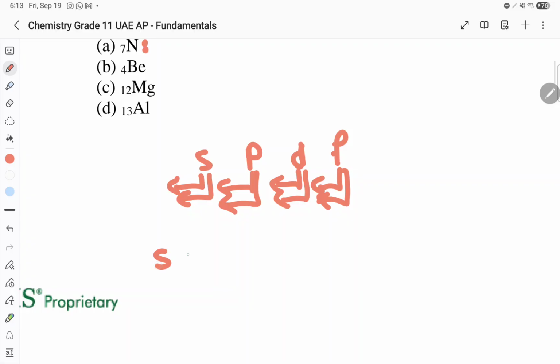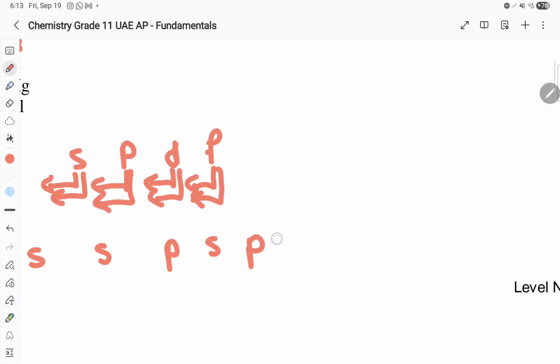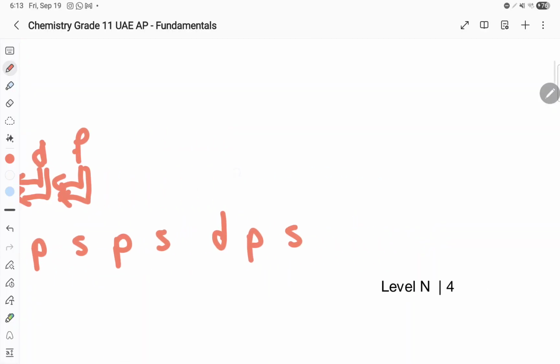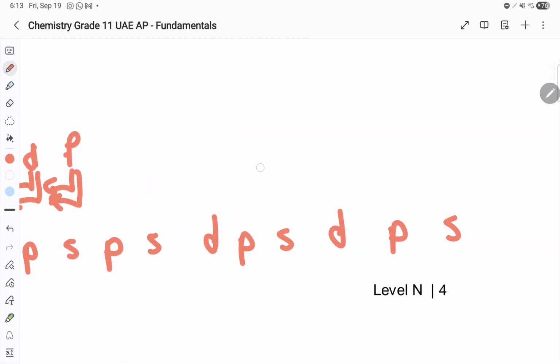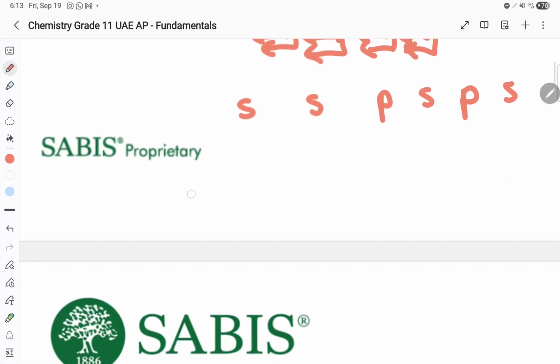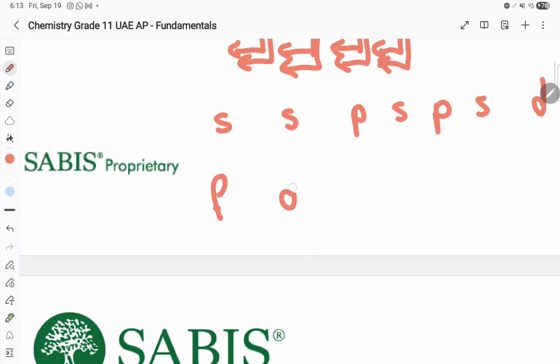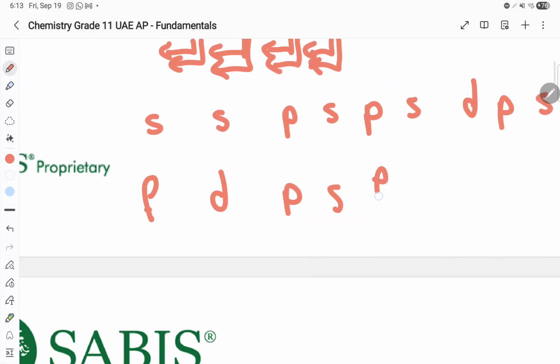It's S, S, then P, S, P, S. Then it is D, P, S, D, P, S. Then it is F, D, P, S, F, D, P, S. And that's how you write anything for the entire periodic table.